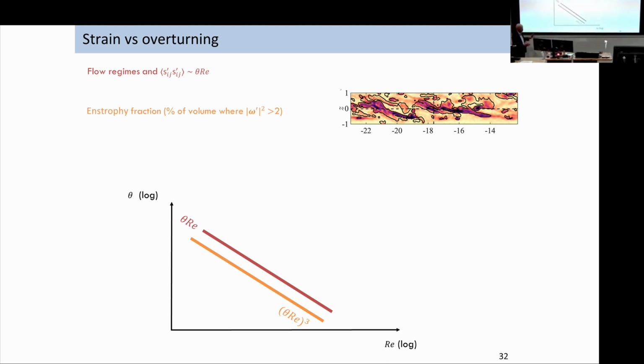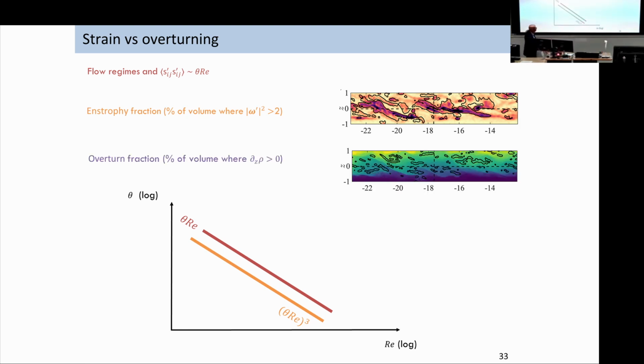Okay. And we can also look at the fraction of fluid that's overturned, so how much of it has dense fluid on top of light fluid as the turbulence evolves. And in that case, we find that it's a different power law. So as we move down this curve on the same regime for the same turbulent flow, as we go from high angles, we find that we have more overturning compared to enstrophy.